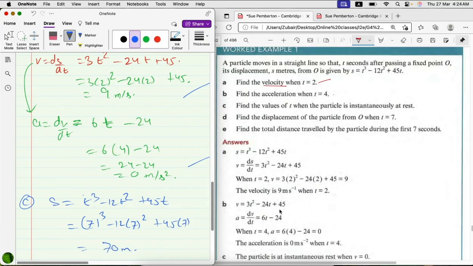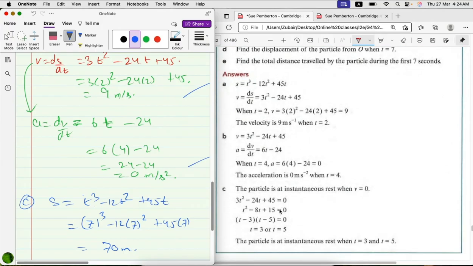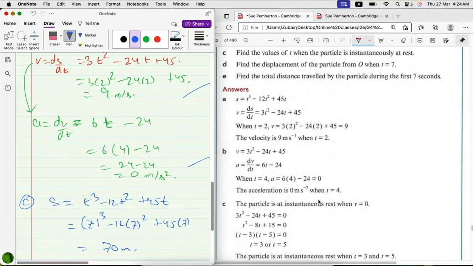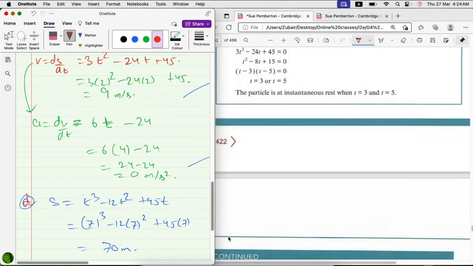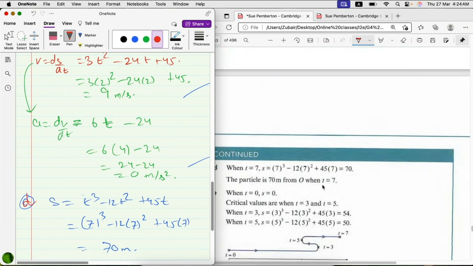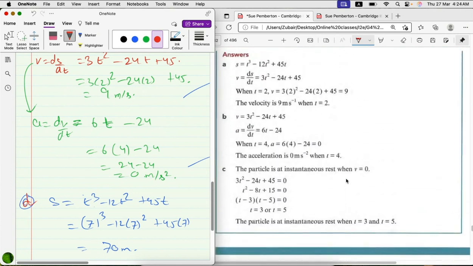Displacement is 70 meters at that time. I missed the earlier part, I did this part already. That's 70.